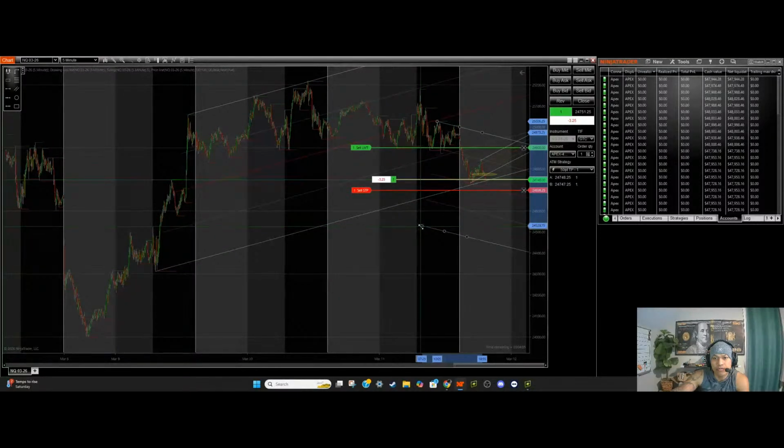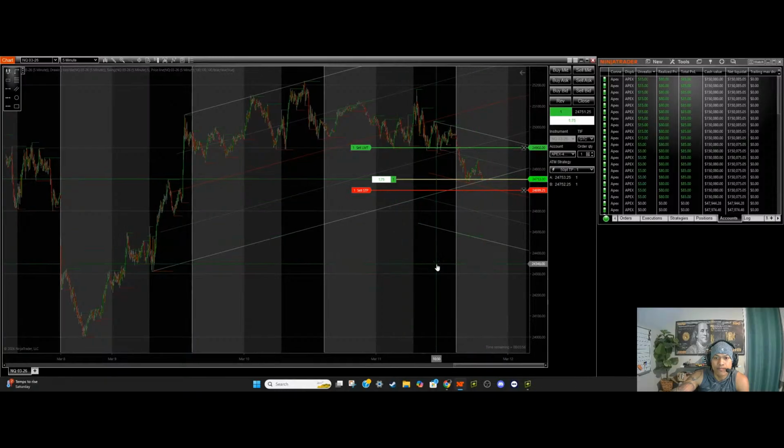Here, we're gonna do our range extension. As you can see, we have a range touched here, and then the next pivot is here. And if we get below that, we can really continue selling down lower.